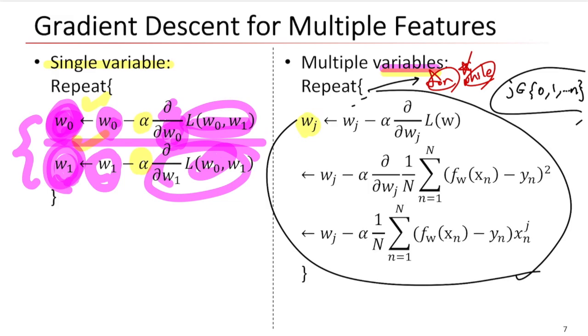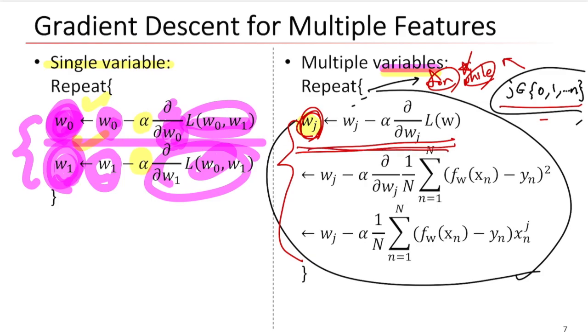In implementing this gradient descent on your computer, within this single step we also need to compute wj, so we need another for loop or while loop to compute these values for each parameter variable.